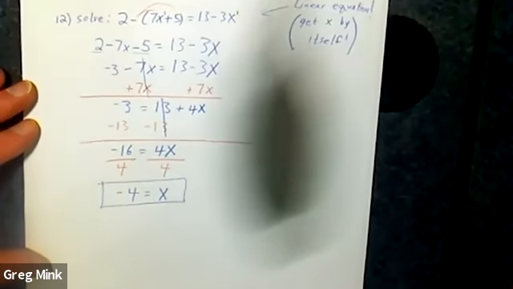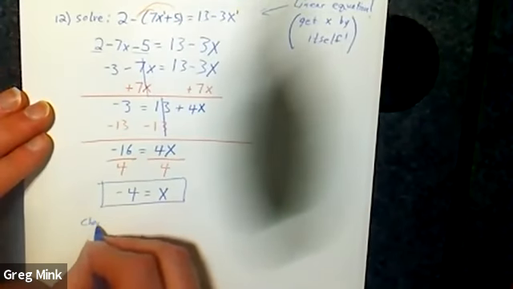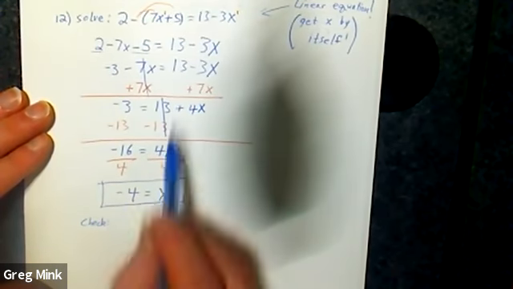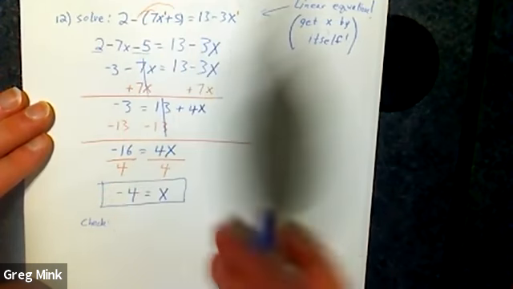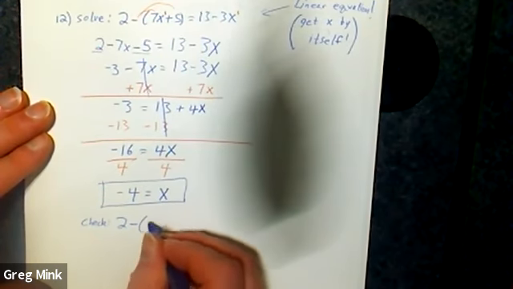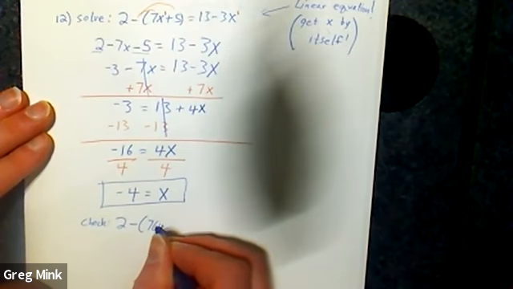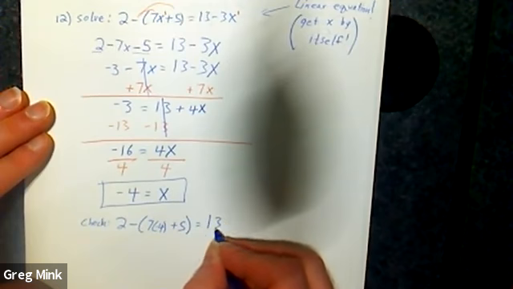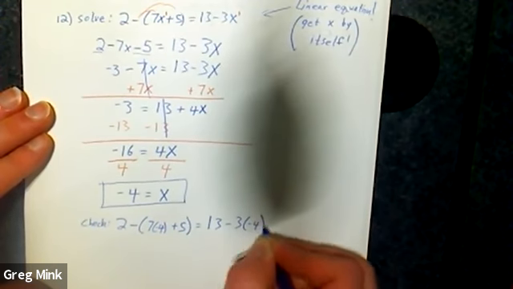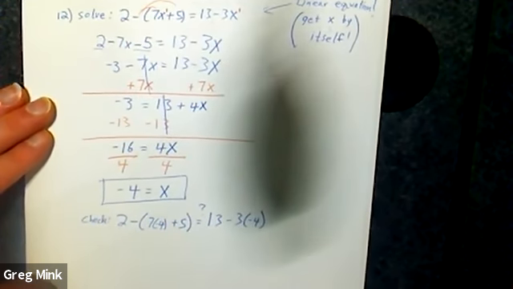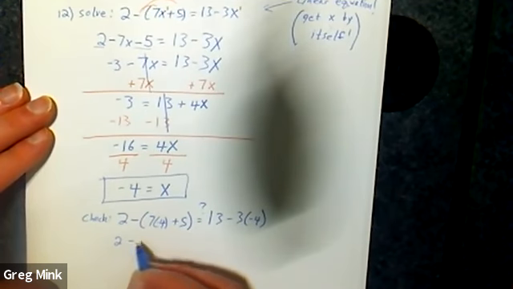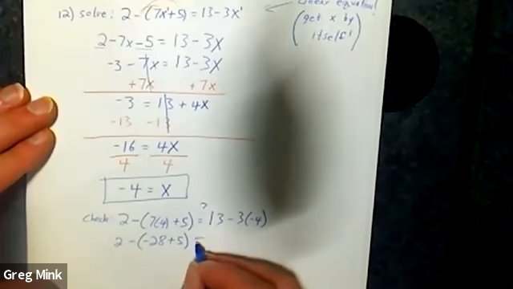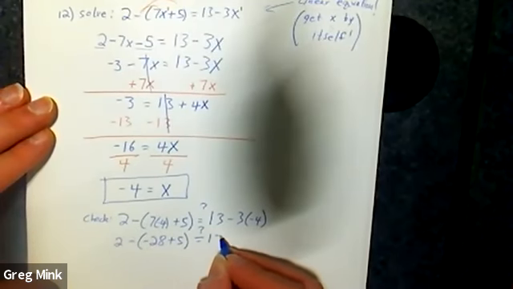Now, you can also check this, which is nice, by plugging it in. So I'm going to check by plugging negative 4 into x right here. So 2 minus 7 times negative 4 plus 5 is equal to 13 minus 3 times negative 4. That's the question. That's what I'm going to check. Well, this is 2 minus negative 28 plus 5. And I want to know if it's equal to 13.